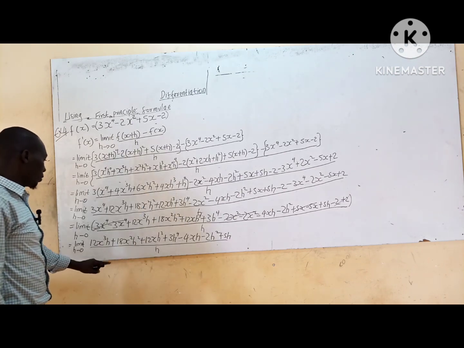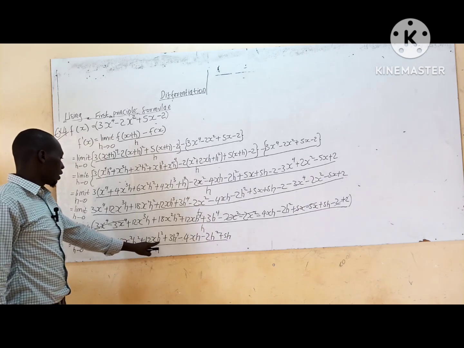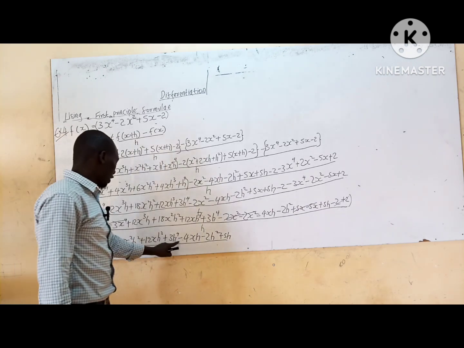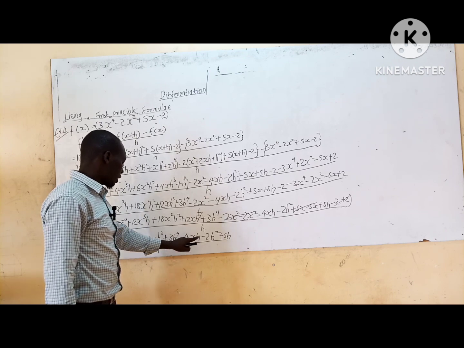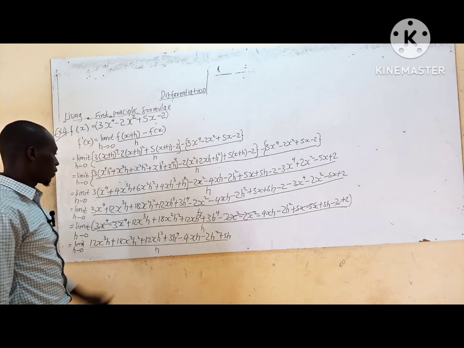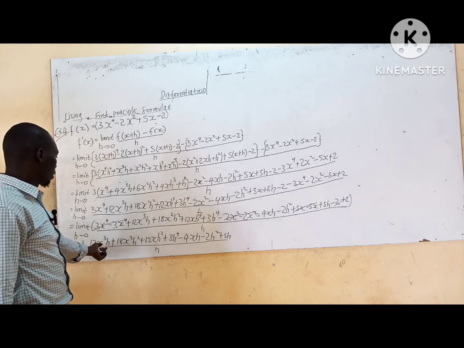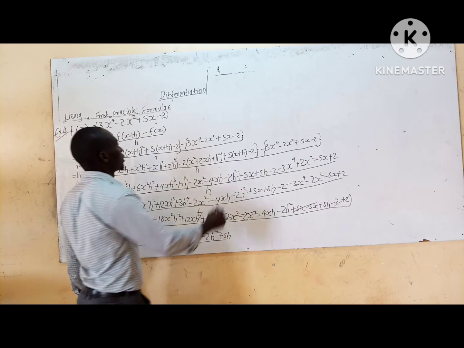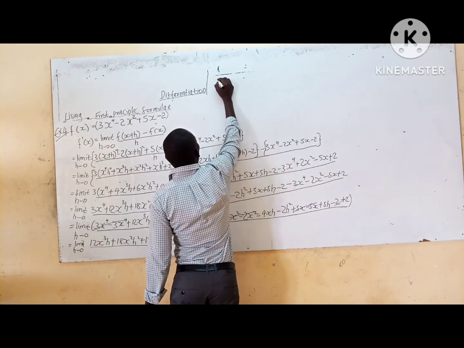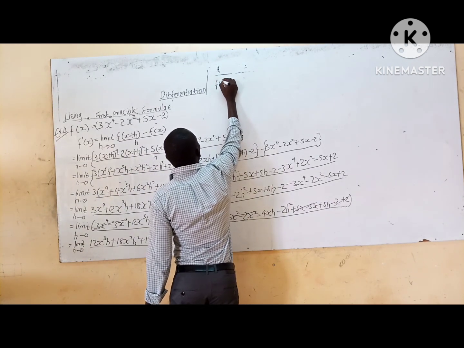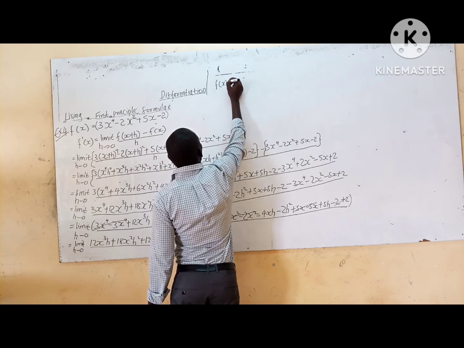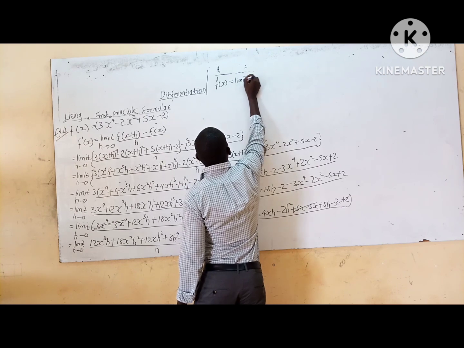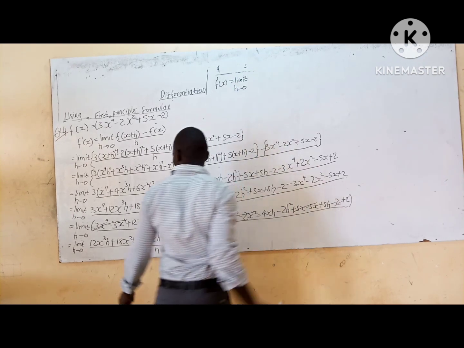When you check on the numerator, each and every term has a term of h. That means we can collect h as a factor on the numerator. And we are going to have limit h approaching 0.